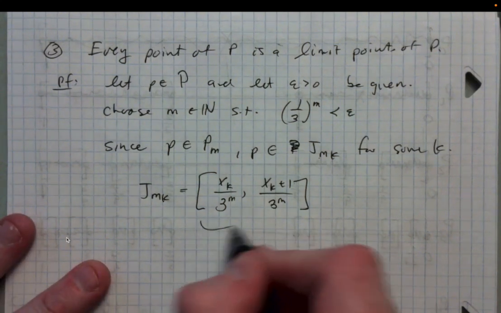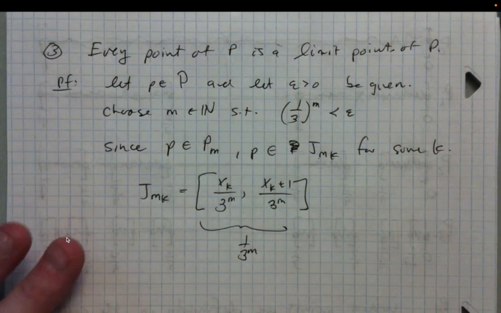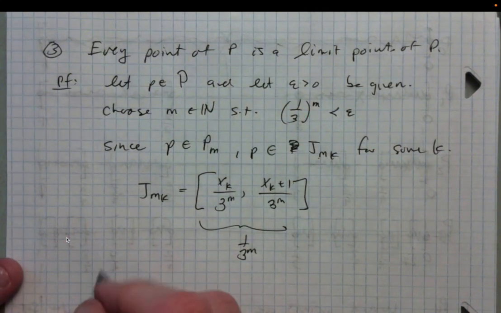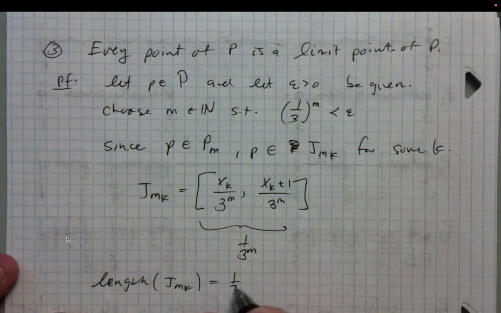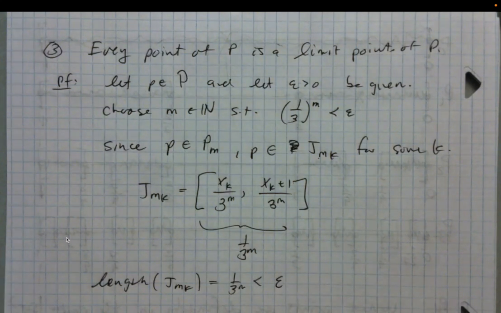The length of J_mk equals 1 over 3 to the m, and that's less than epsilon, because we've chosen which layer to look at based on the given epsilon.